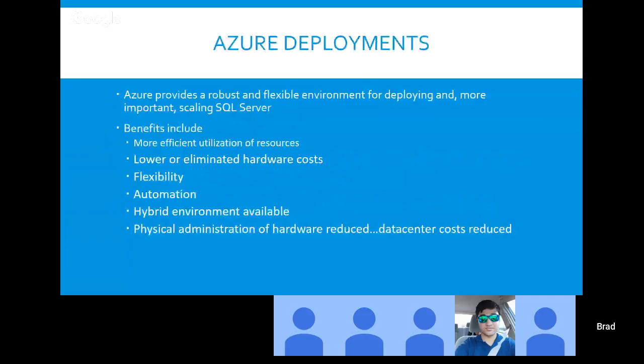Another caveat is the ability to deploy your databases in cloud environments. We call them host environments. Azure offers a really nice platform for deploying and managing your SQL Server.